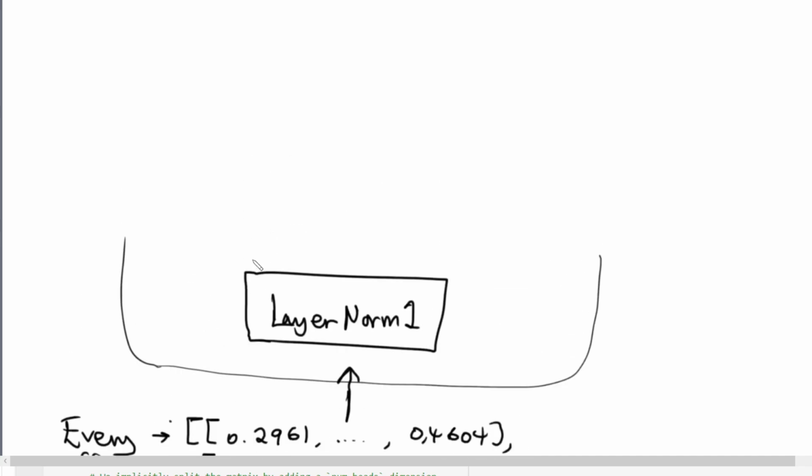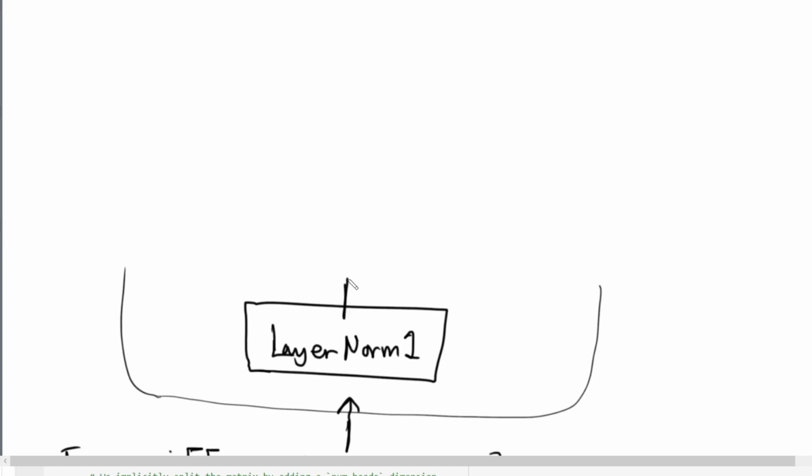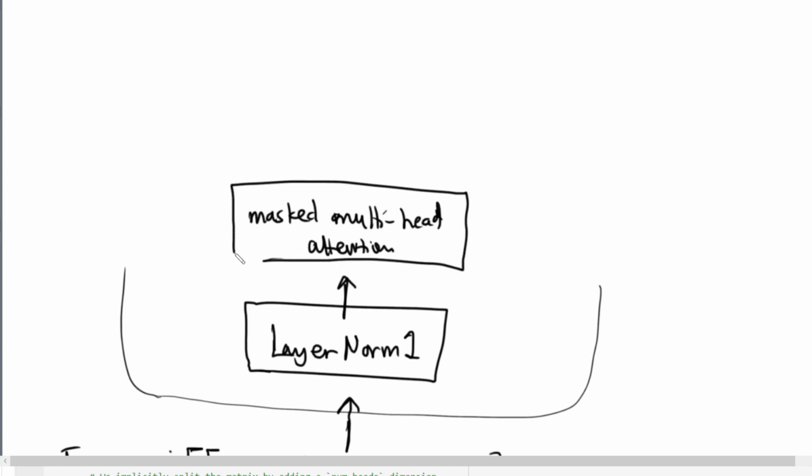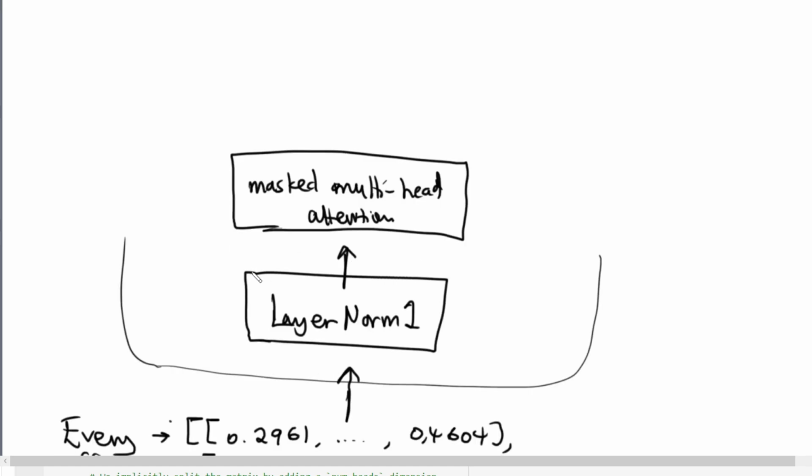And after it has been normalized, mean equal to 0, variance equal to 1, what happens next is we put that into the masked multi-head attention block.